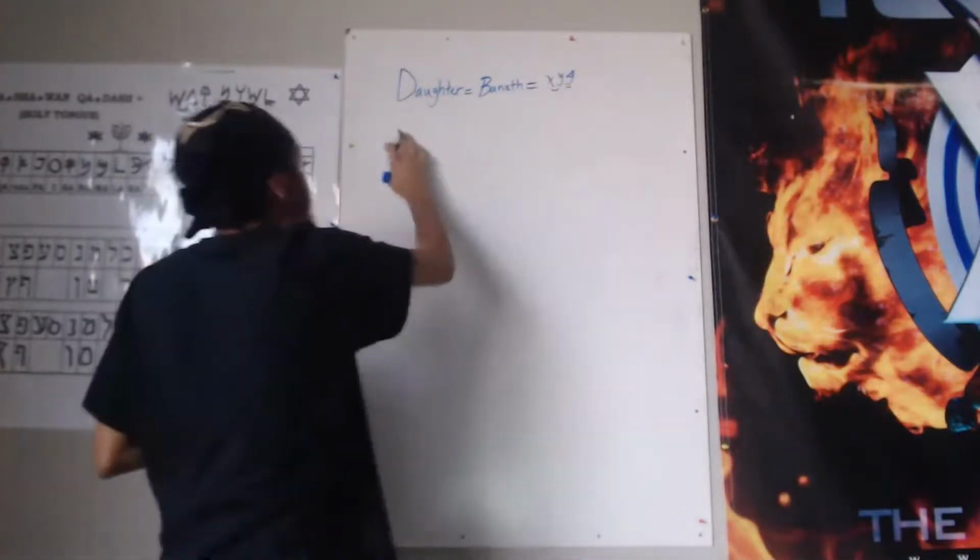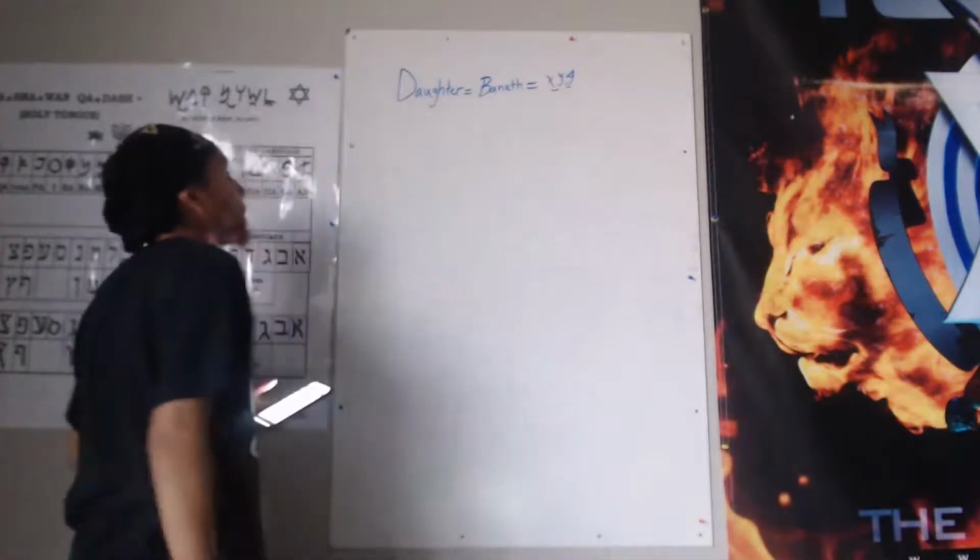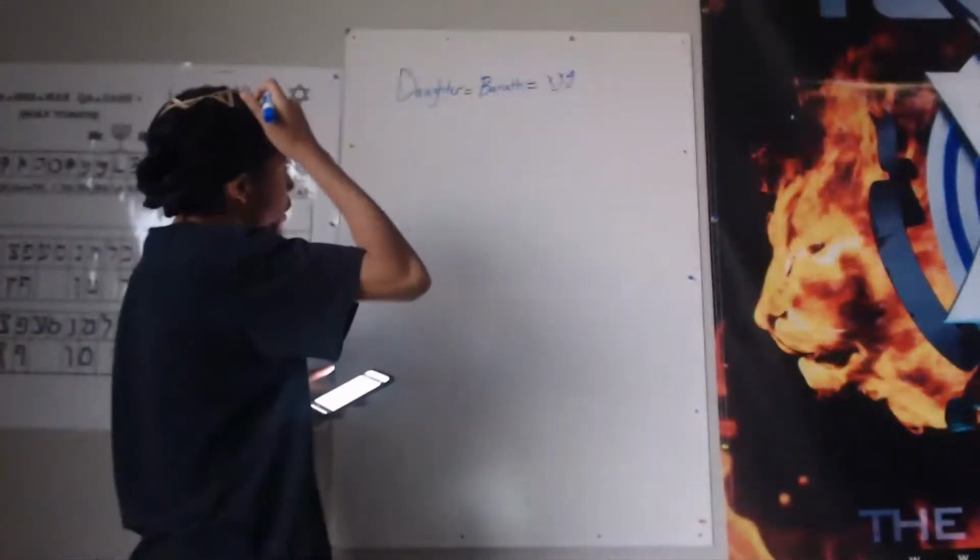All right, daughter is Banat. Okay? That's what daughter is.